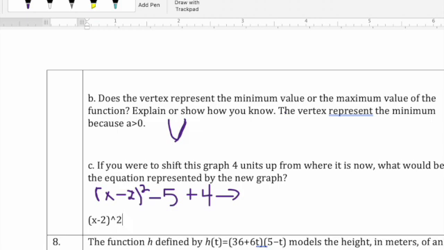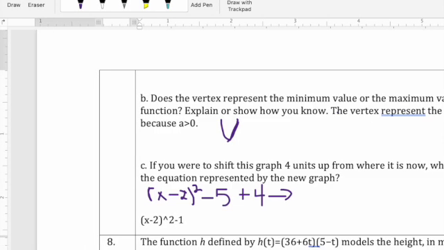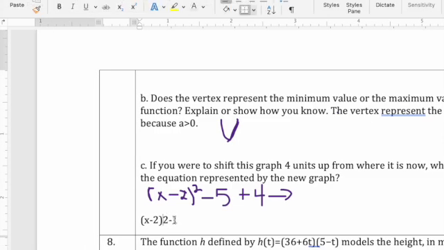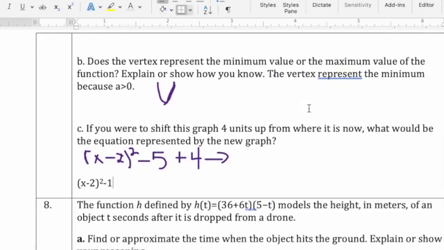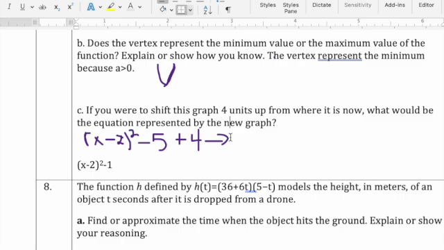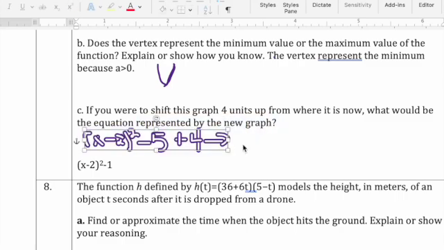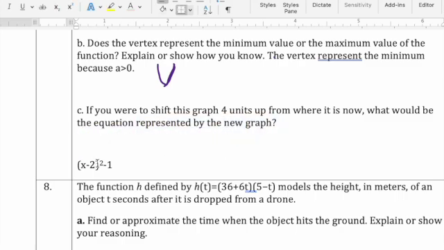Negative 5 plus 4, right? So we have negative 5 plus 4 is minus 1. Okay. Oof. This looks gross. Let me make this look better. Okay, that looks a little better. All right, so that would be what the equation for the new graph would be.